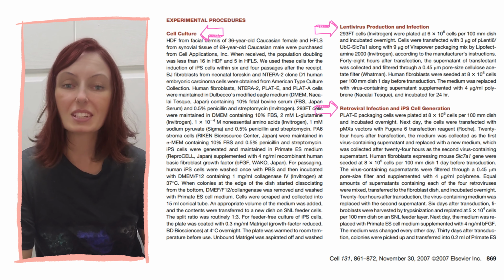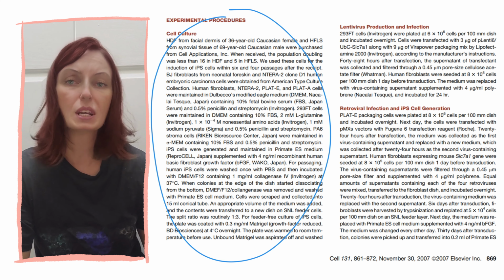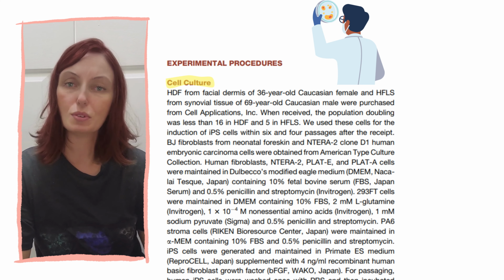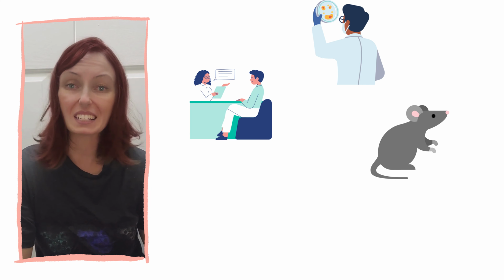The materials and methods is broken down into a series of subsections. Usually, among the first of these subsections will be some sort of description of the organism the researchers are using in their experiments, like cells in culture, clinical samples from people, or mice.